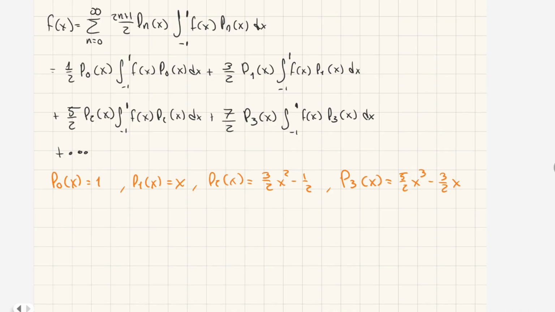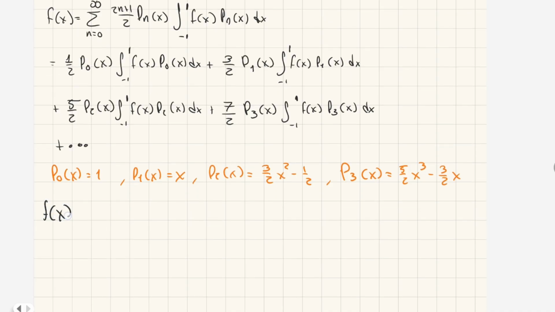So we will get that f of x is equal to 1/2 P sub 0 of x, which is 1, and then the integral from -1 to 1 of f of x. But recall that from -1 to 0, f of x is equal to 0, and from 0 to 1, f of x is equal to 1.